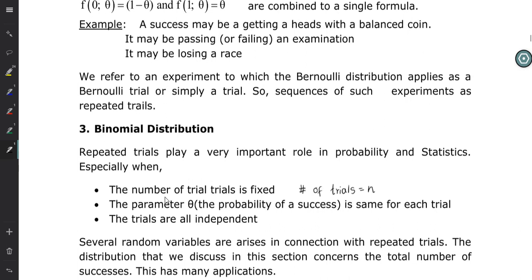And the third and last condition is that these n trials are independent from each other. Again, if you satisfy these three conditions, then you can get the binomial distribution. That is, the number of trials is fixed, which is n. The probability of success is the same for all these n trials, and these n trials are independent.